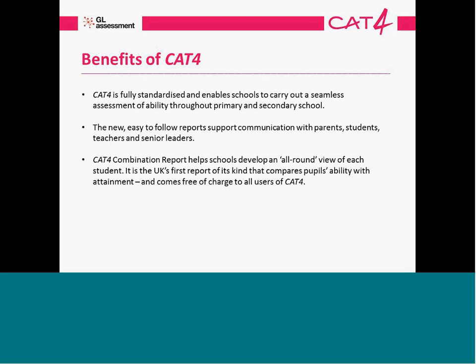And that's really, really useful, because it takes, for example, the bubble score from CAT4 and compares it with the English score from progress test in English. And that gives you a nice analysis of, again, how pupils are performing in the context of their ability as measured by CAT.